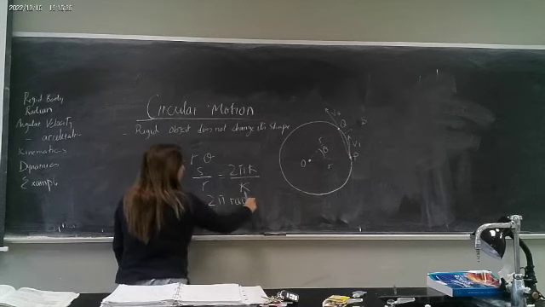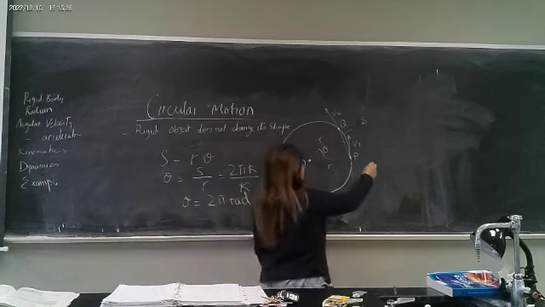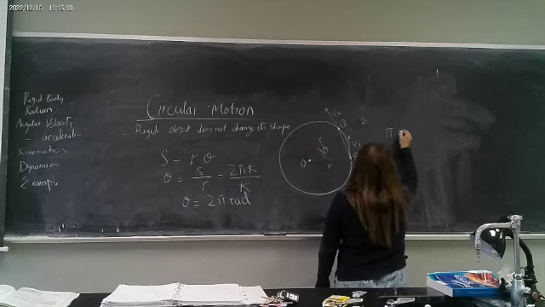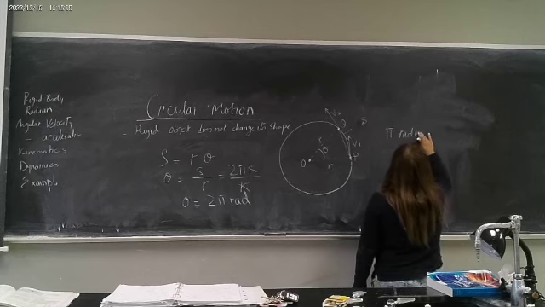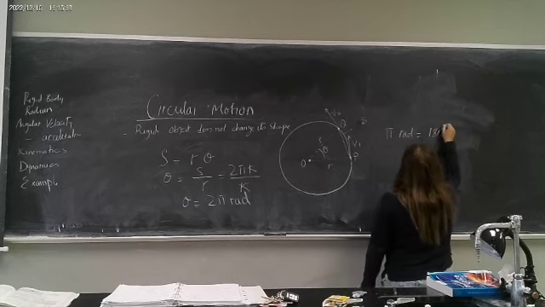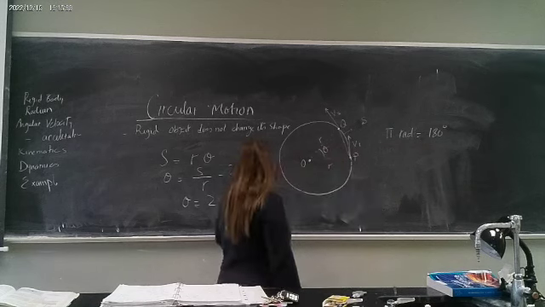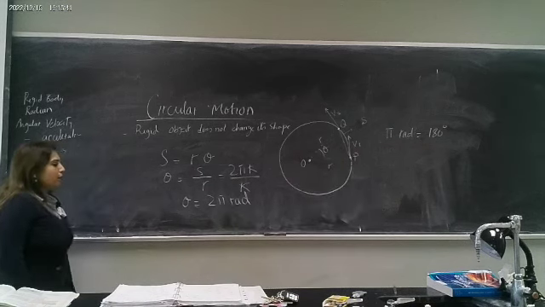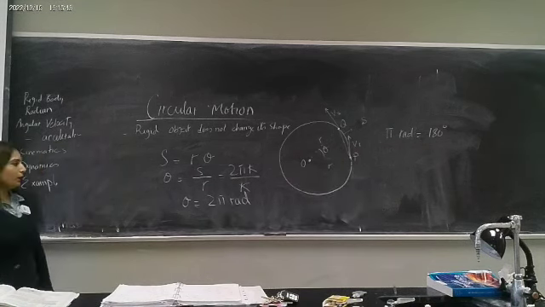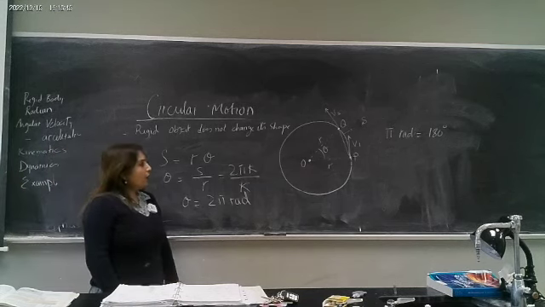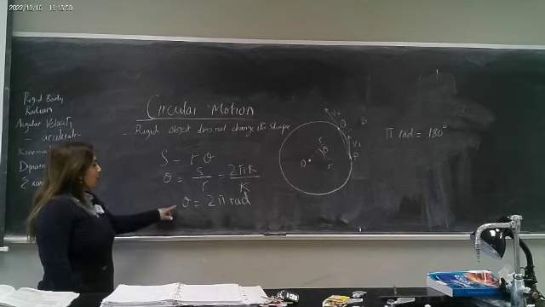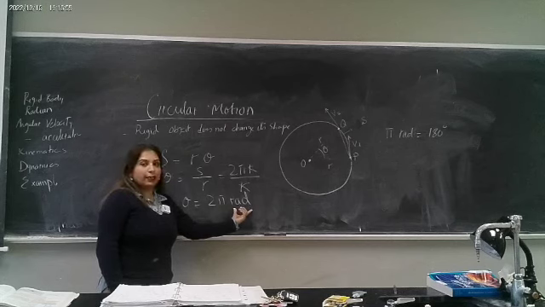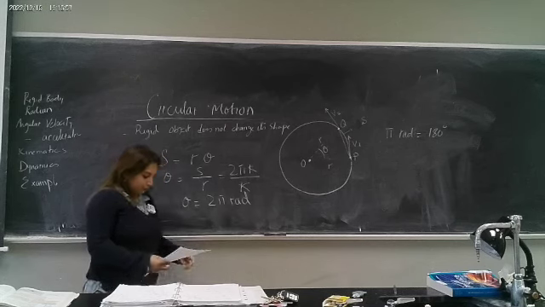And I'm sure everybody knows that pi radians is equal to 180 degrees, and this is equal to 360 degrees, 2 pi radians. So we can have these sets of units for angle. We can measure the angle in terms of radians.